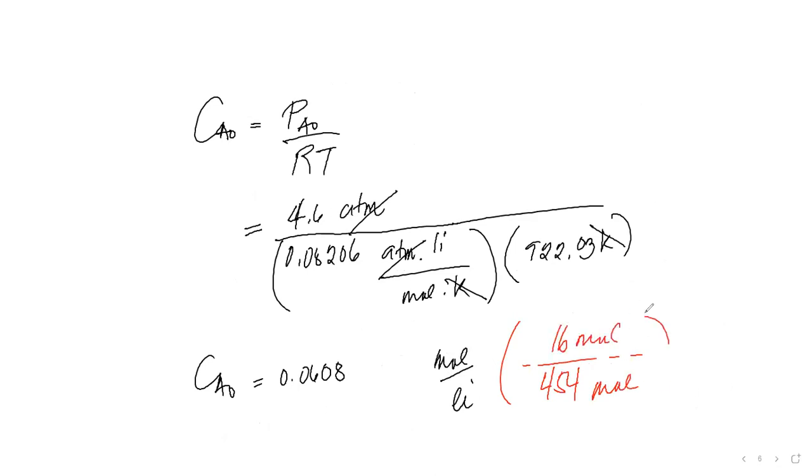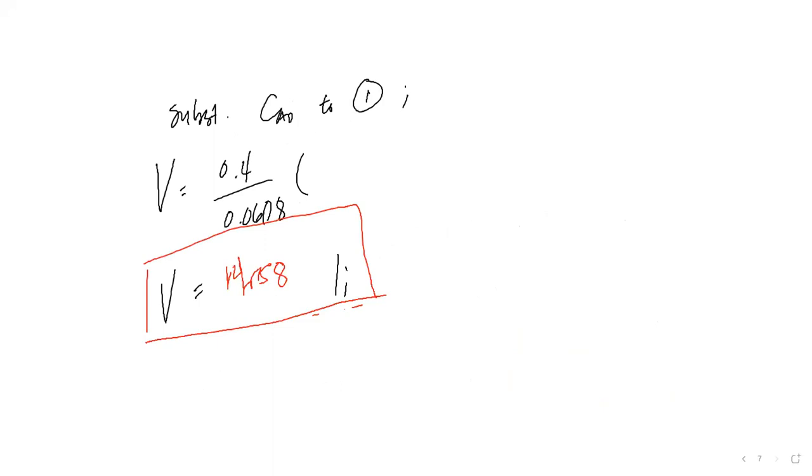Please check if my conversion is correct. Okay, it has been a while since I used this particular conversion. So you will have pound mole per liter. So then this would even be smaller.